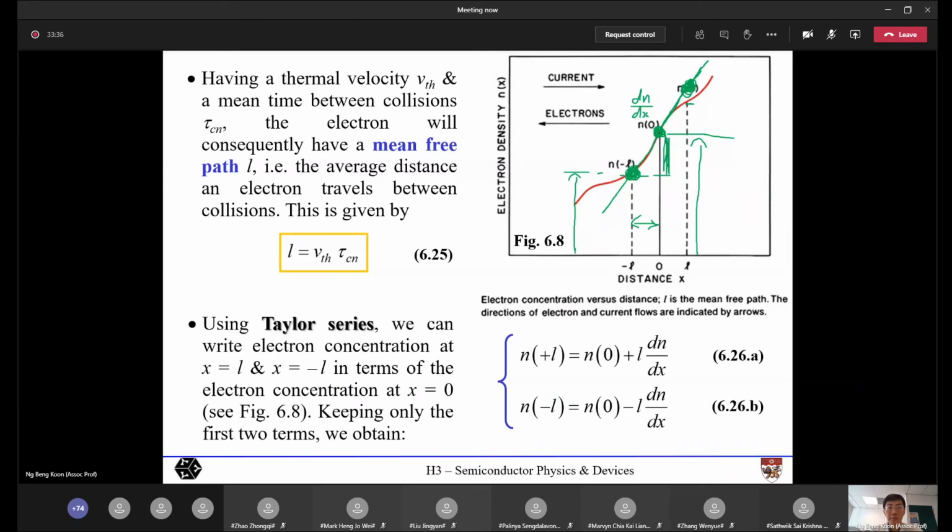If you use the gradient of the straight line, or the tangent that we put at x equals 0, up to minus L on the left-hand side, and assuming that this is a straight line, then we can basically estimate this amount here. We call this h. Then we can write down h as a product of L with dn/dx.